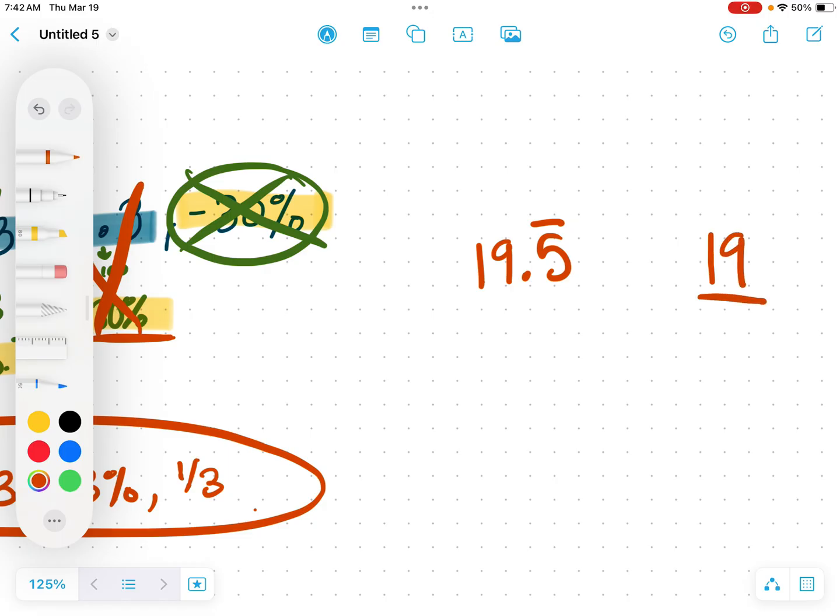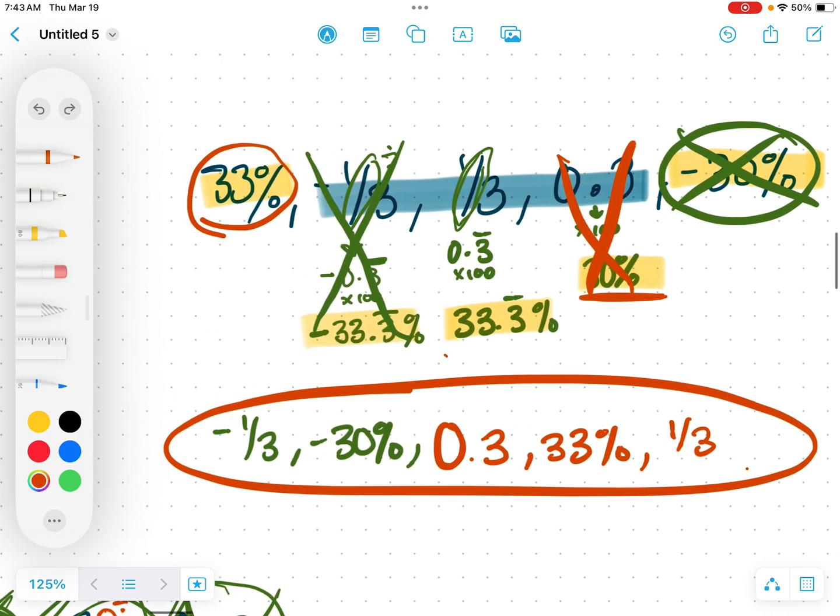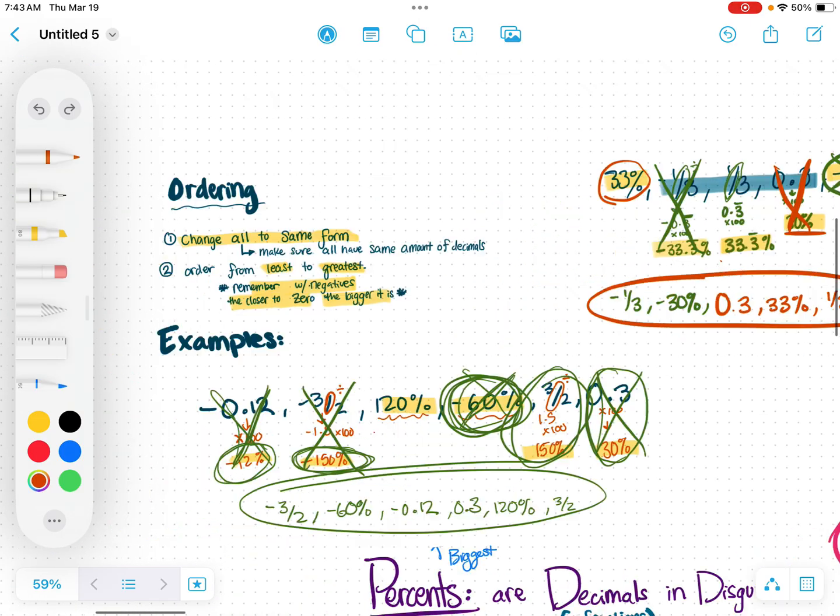So if we had 19 versus 19.5 repeating, even if it was 19.5, because this one is repeating, this one is bigger, okay? It's got that repeating decimal and they're the same number. So that one's bigger. Alrighty. So that's how we order decimals from least to greatest.